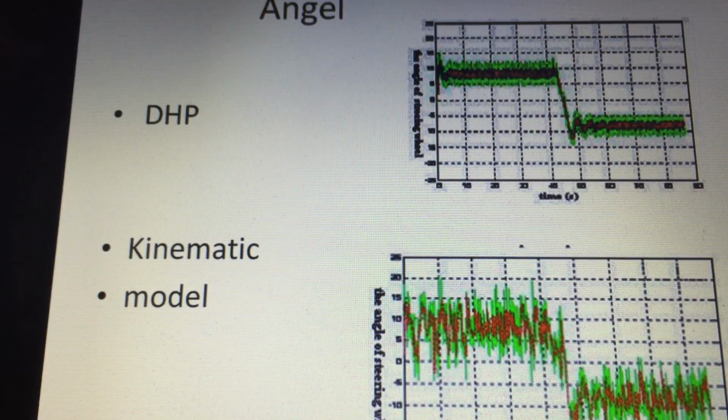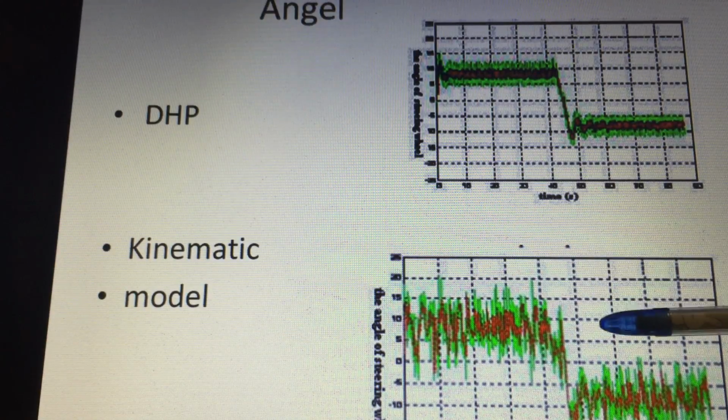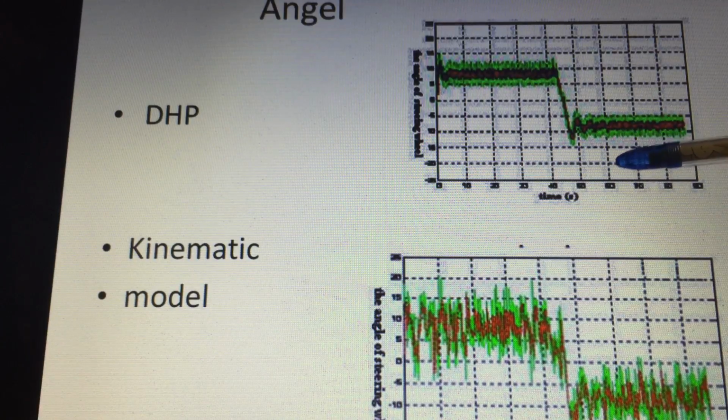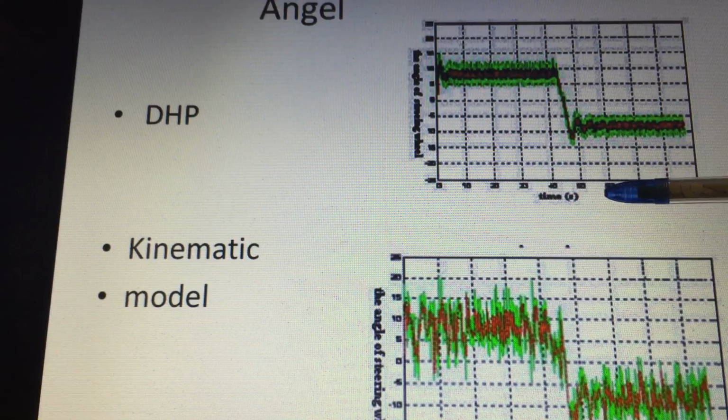Okay, this one shows the heading angles of the vehicle under DHP and then the kinematic model. As we can see, under the DHP algorithm, this graph looks much smoother than the other one.